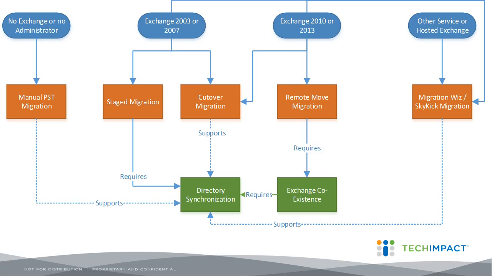Along the top here, you'll see the different kinds of existing services that you already have. So if you don't have Exchange or you don't have an Exchange administrator, you can do a manual PST migration. This also applies to anyone who's using Outlook or anyone who can get their mail into Outlook, and wants to do a manual PST migration. If you're using Exchange 2003 or Exchange 2007, you can do a staged migration or a cutover migration.